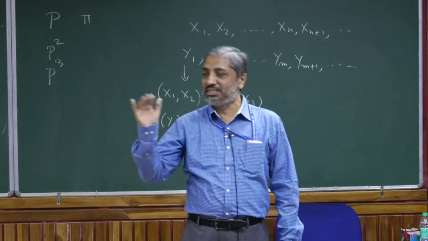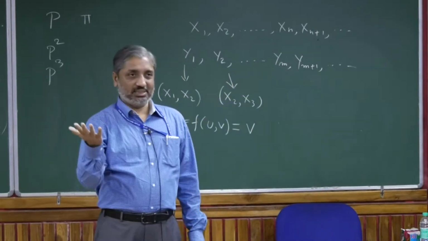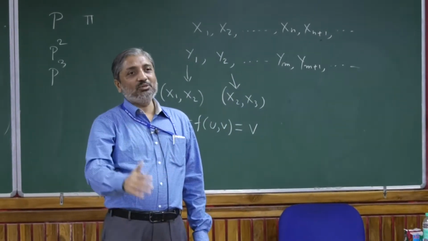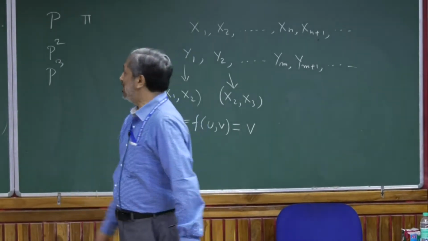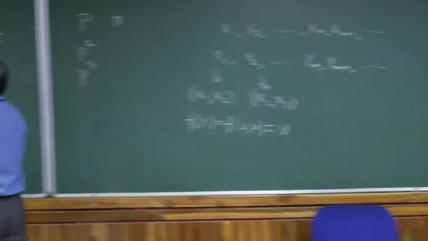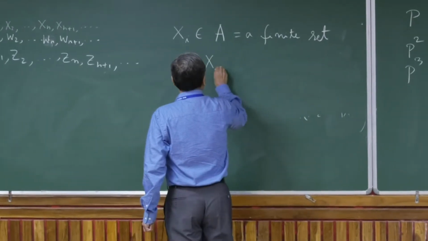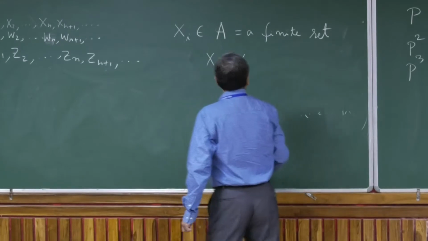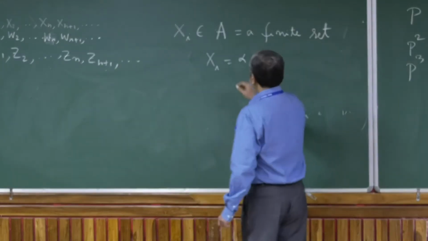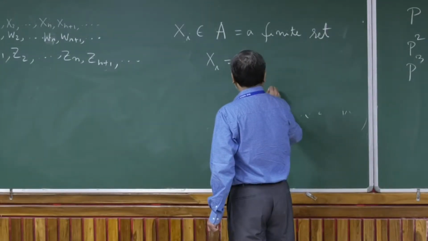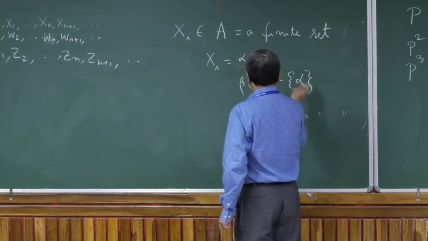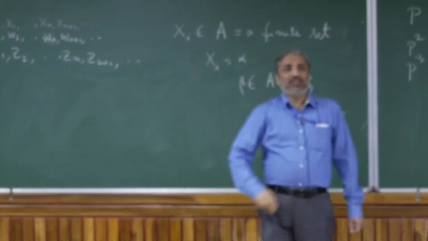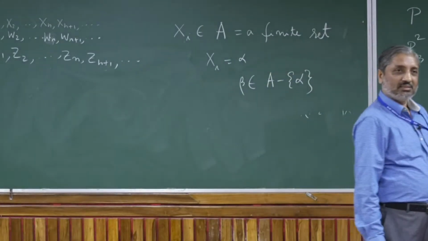But if Wi is 0, then you might alter it, and the alteration will again happen according to some probability model. For example, suppose in the original Xi was alpha, and then you choose some beta from the complement of alpha in A to create your Z.